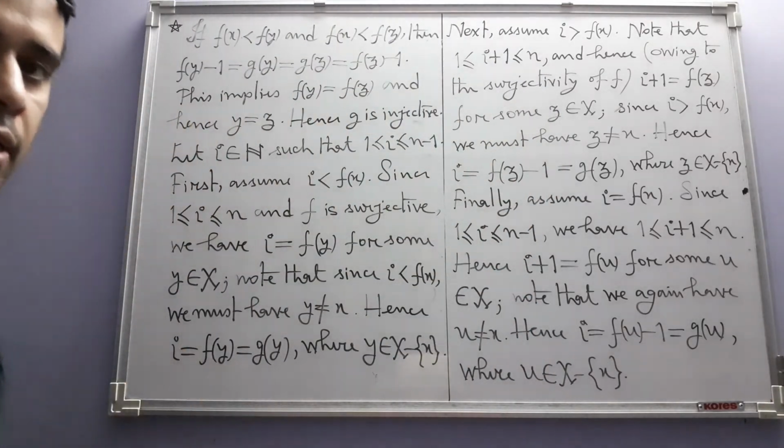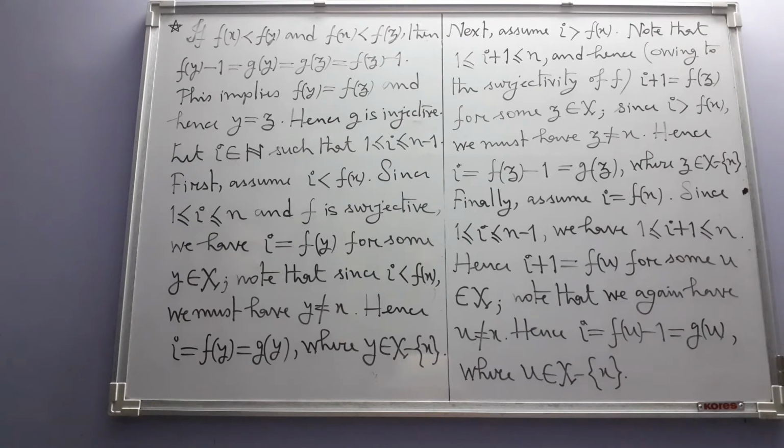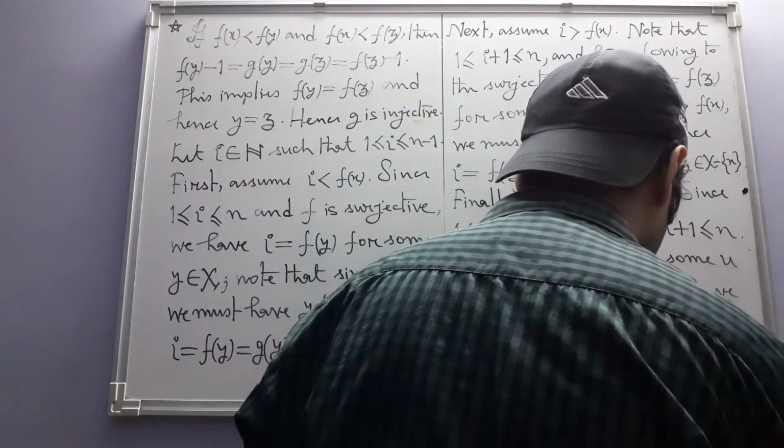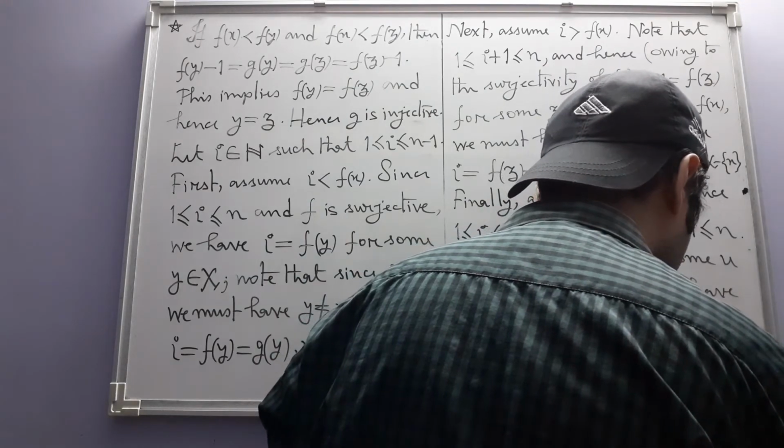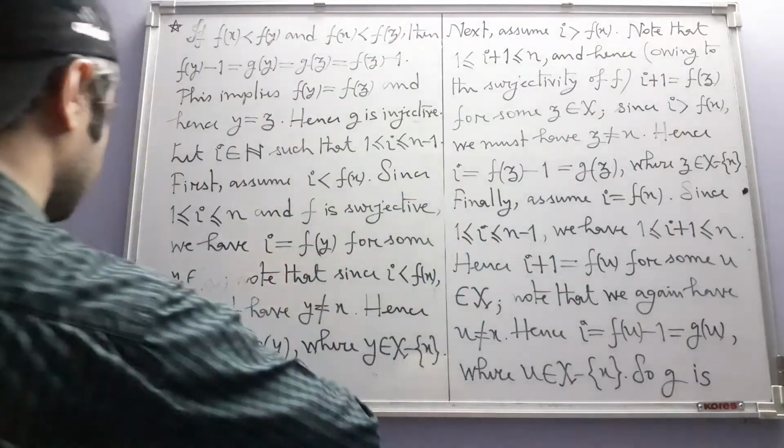We have taken care of all the situations, and in each one of them I has been realized as a G image of some element in its domain. So G is surjective.